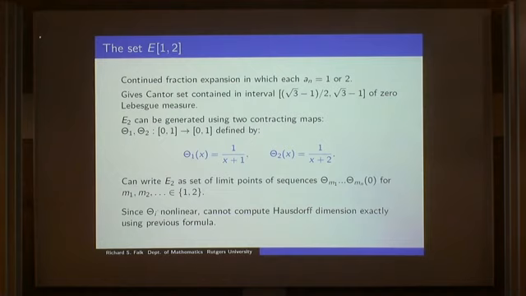So I can generate this set by getting 2 maps, and there they are. They're not affine maps. They're more complicated, but they're not too complicated. And just as in the other case, I can write this set E12 as all the limit points I get if I concatenate all these maps where each m_i is either 1 or 2. So I want to compute the Hausdorff dimension of the set I get.